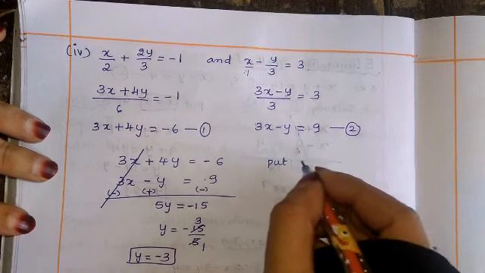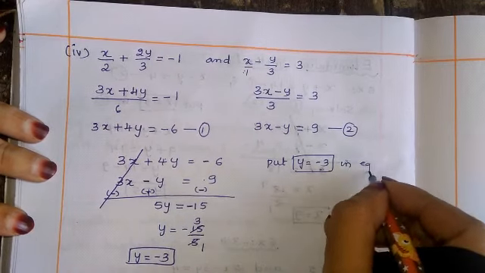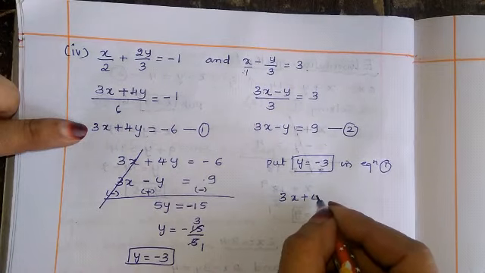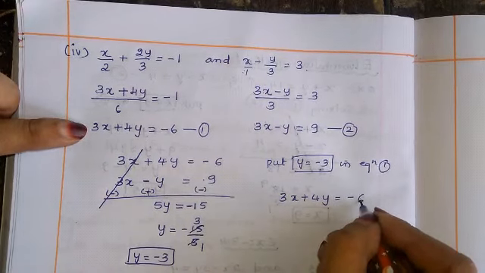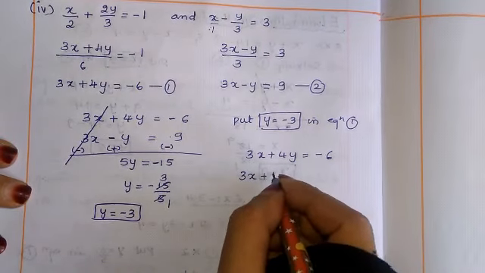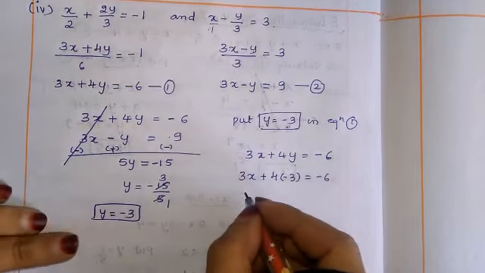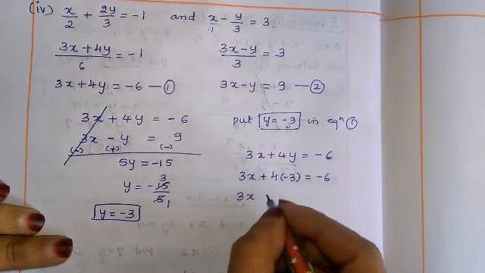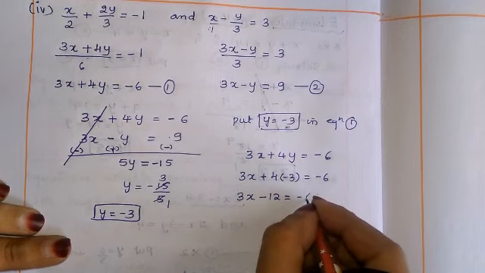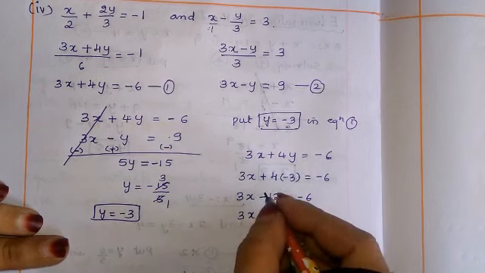Now put y is equal to minus 3 in equation 1. Okay, I'll write equation 1. 3x plus 4y is equal to minus 6. I'll substitute 3x as it is plus 4, y value is minus 3, is equal to minus 6. 3x plus minus 4 3s are 12 is equal to minus 6. 3x is equal to minus 6, as it is, minus 12.